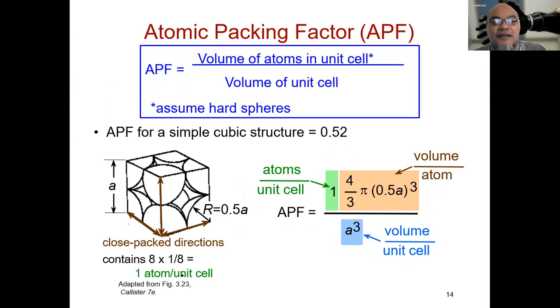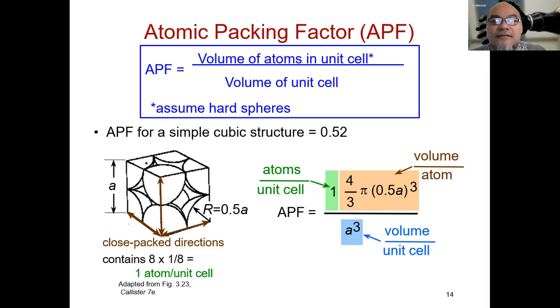So here, as we can see, this is the picture of a single unit cell. If we draw a single unit cell only, at the corner there is only 1/8 of the total atom, right?